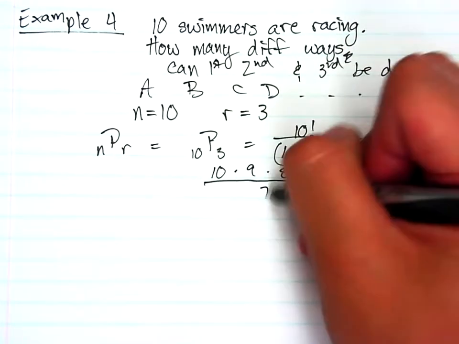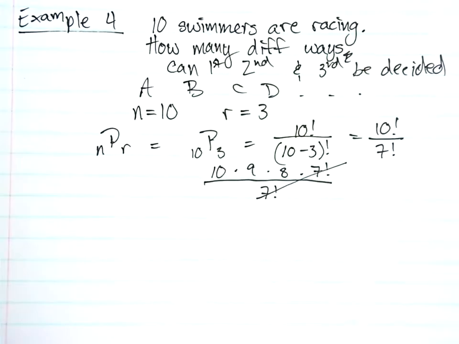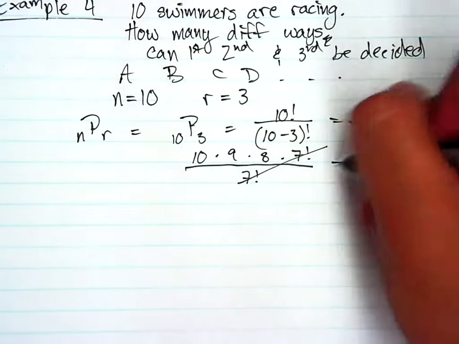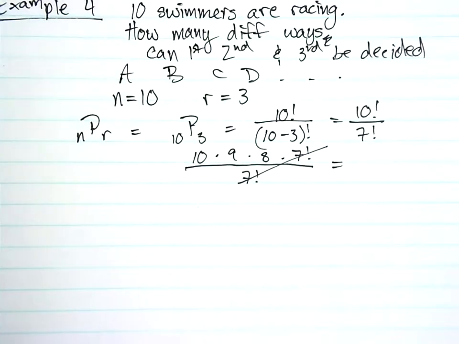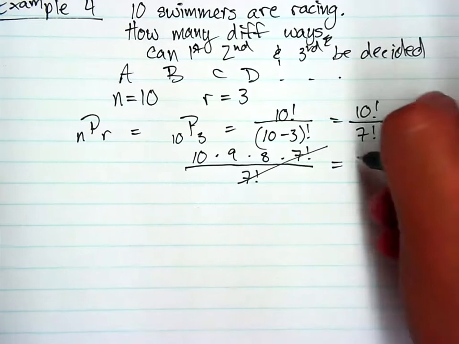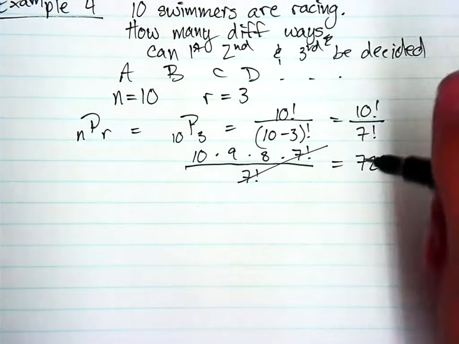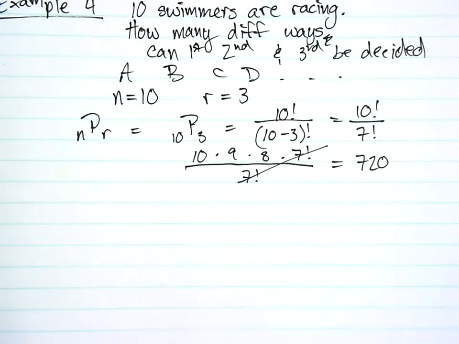Here we have 7 factorial, and those just cancel out nicely. So the total number of first, second, third place possibilities with these 10 swimmers is 720. Okay? So again, listing out all of those possibilities would not be fun, and thus the need for that.